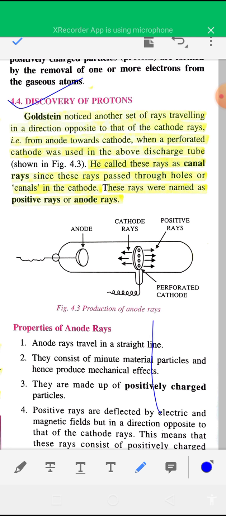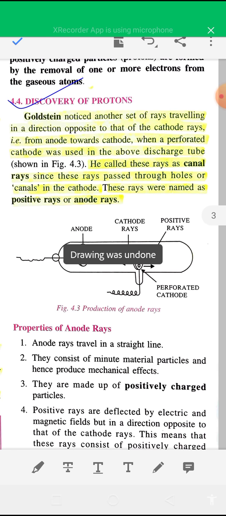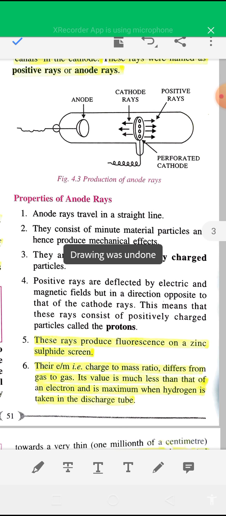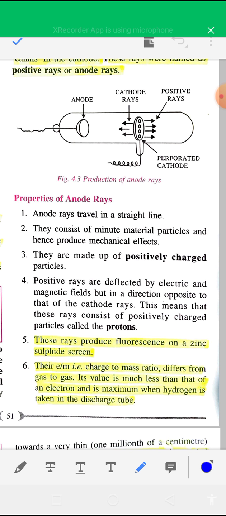Some properties of anode rays are given here. Anode rays are like cathode rays: they also travel in a straight line. They consist of minute material particles, made up of positively charged particles which are called protons.